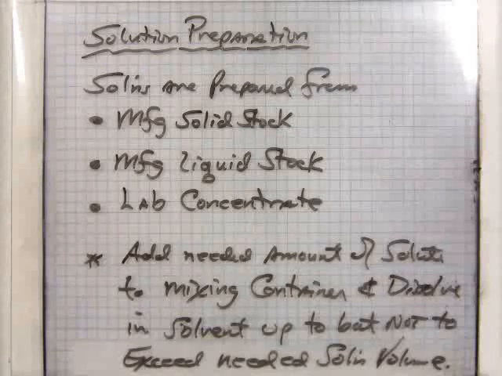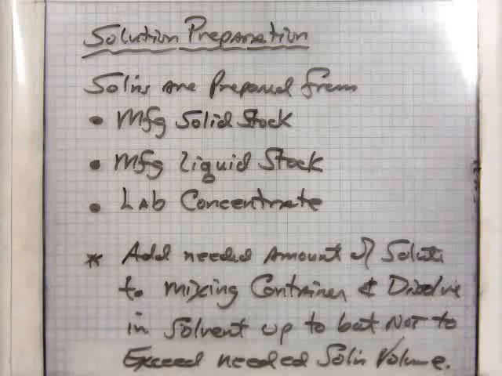And this is one of the exercises when we go to lab next time. You'll have to prepare a specified solution by putting a certain amount into a beaker and then diluting up to, but not to exceed a certain marker on your mixing container. And so it's very important that you understand this up front in terms of the mechanics of making solutions.